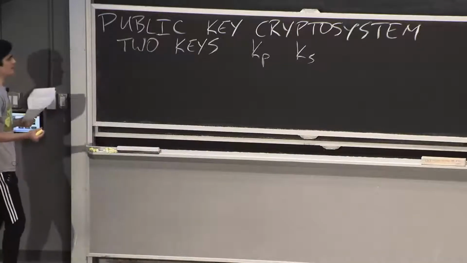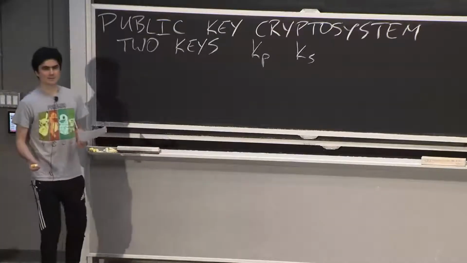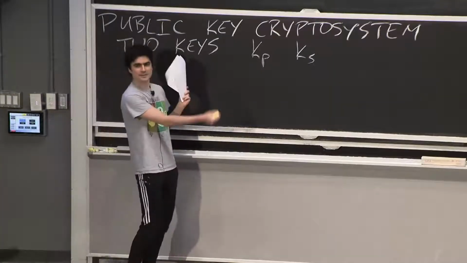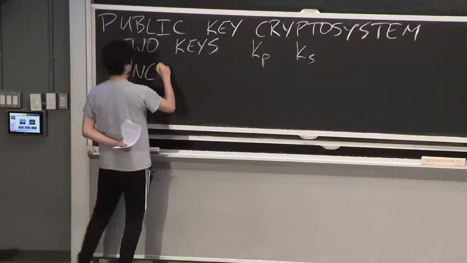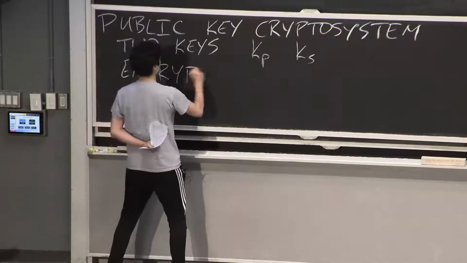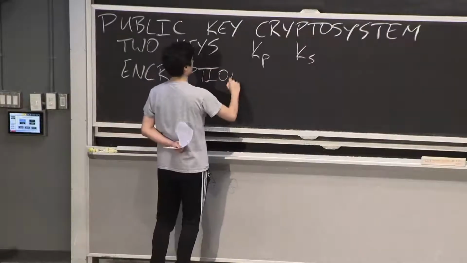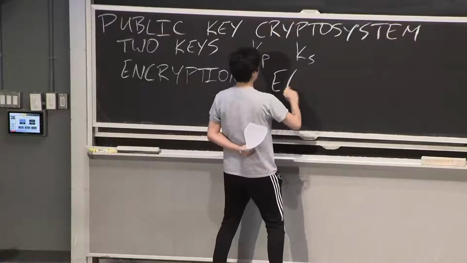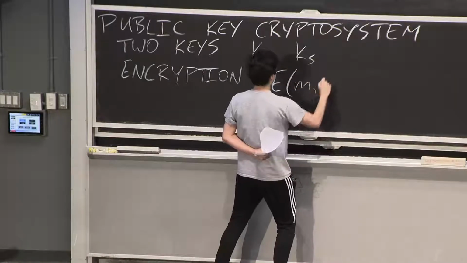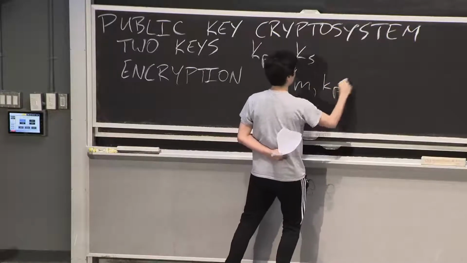Now the encryption and decryption algorithms each use a different key. So our encryption algorithm is going to be E of some message M and our public key.